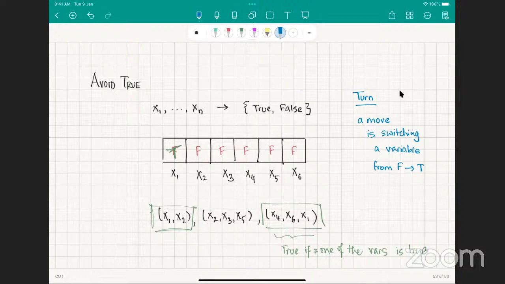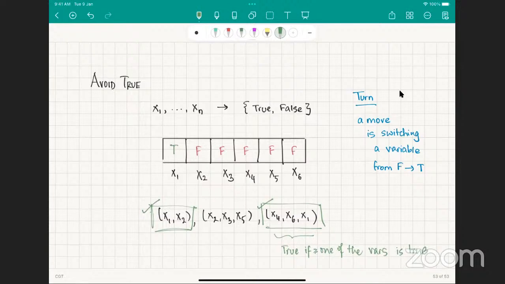Here, for example, let's say in the first turn, the first player says, I want to flip x1 to true. That has the effect of making the first and the last sets true, or sometimes these are called clauses, so I might use that term as well. It's going to satisfy, that's another term that's useful. If a set becomes true, you say that it's satisfied. So a set is easy to satisfy. You can satisfy it by setting any of its variables to true.